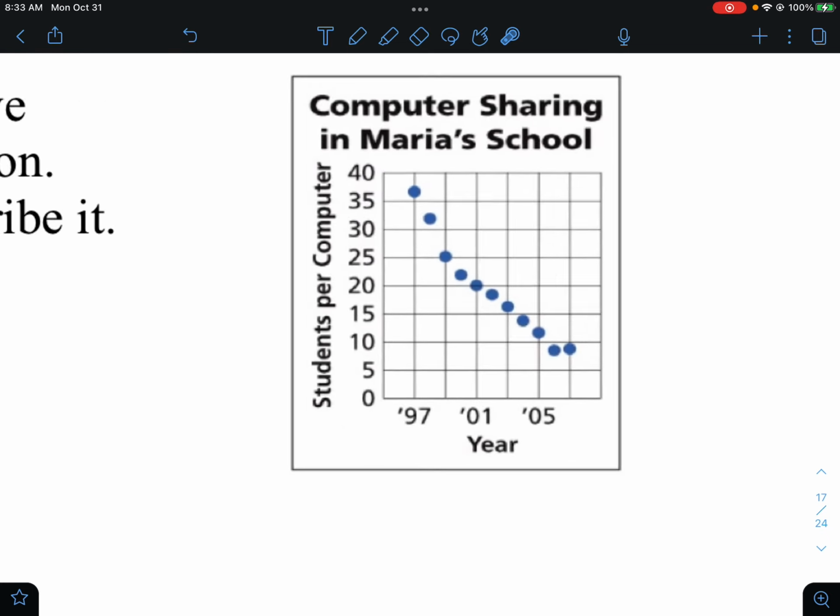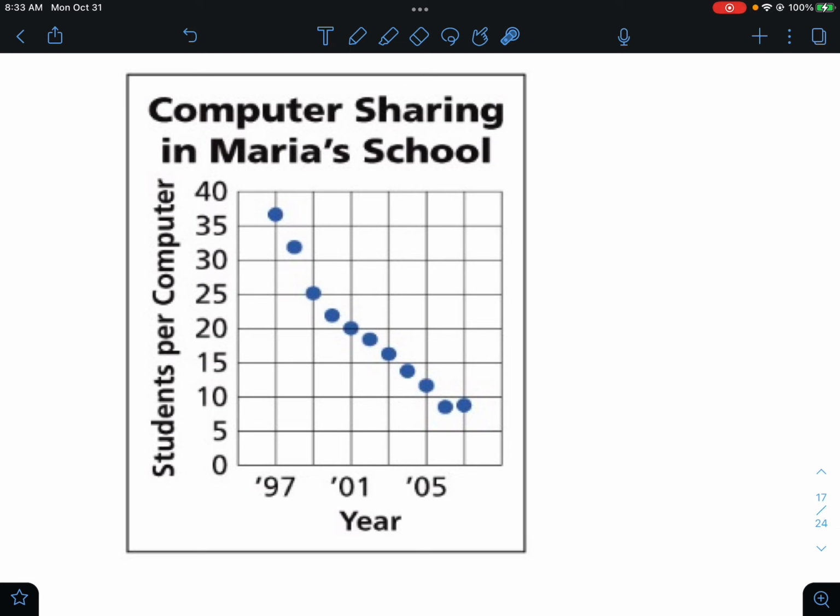So if we are taking a look at this, it's computer sharing in Maria's school. Way back in 1997, there were about 37 kids who had to share a computer. I would imagine that's like a big computer lab, and then kids just rotate through. And then if we go here to like 2005, 6-ish area, that has drastically gone down to where we are at like 7.